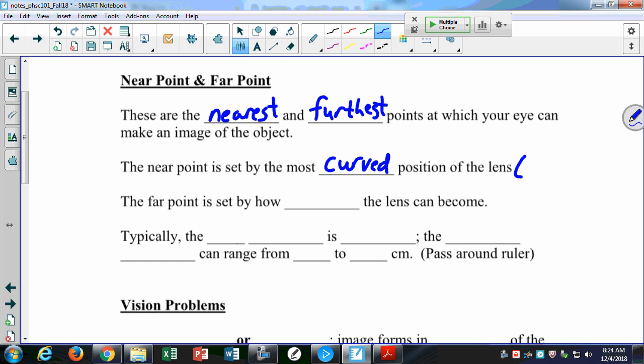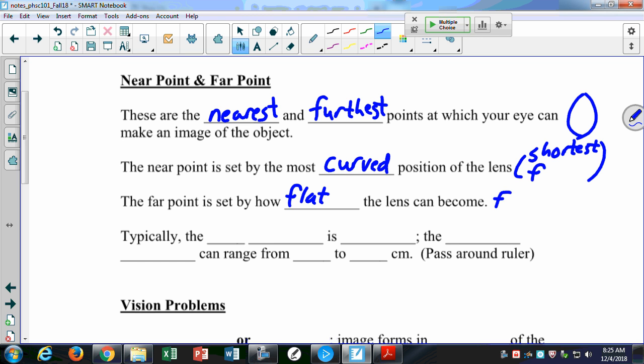So this is the shortest focal length. And remember, short focal length means a lens that's really big in the middle like that. And the far point is set by how flat the lens can become.